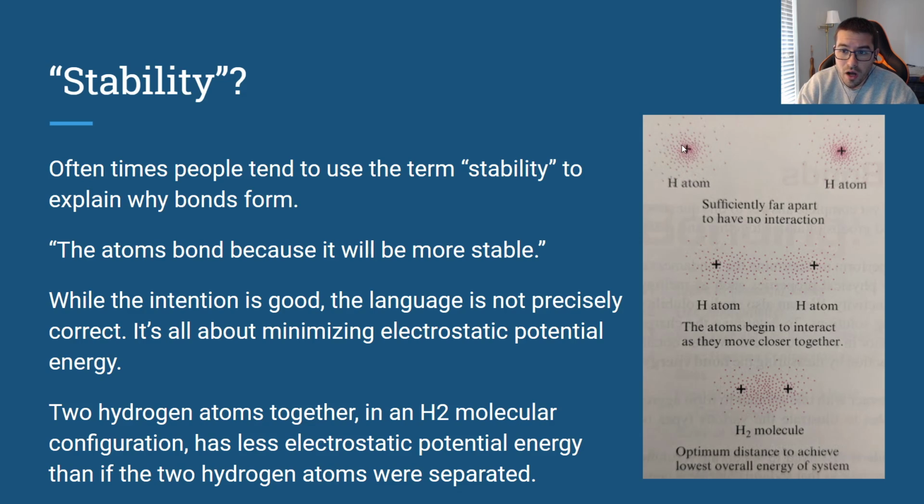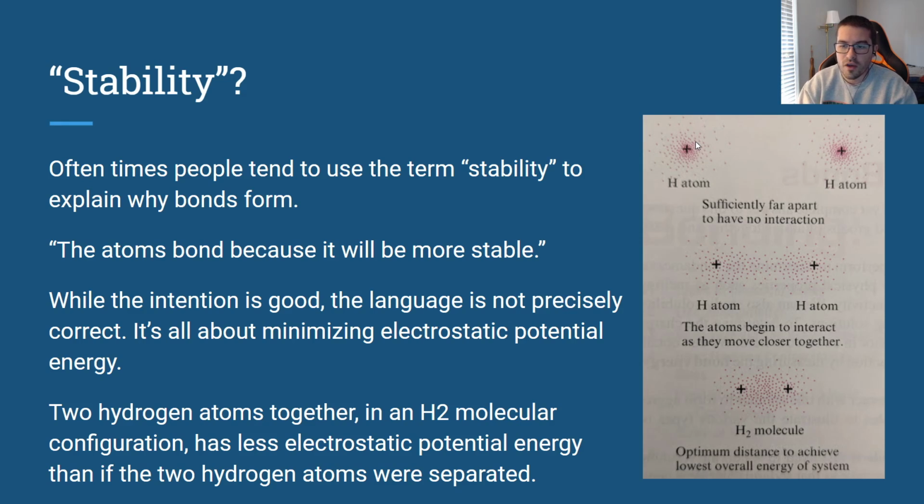Obviously, it's a bit more concentrated towards the nucleus. Protons and electrons are attracted to each other, so the electron, it's in the first energy level, it's in the 1s orbital. And so more often than not, it's going to be found closer to the nucleus than farther away. But we're starting to get into the weeds here.